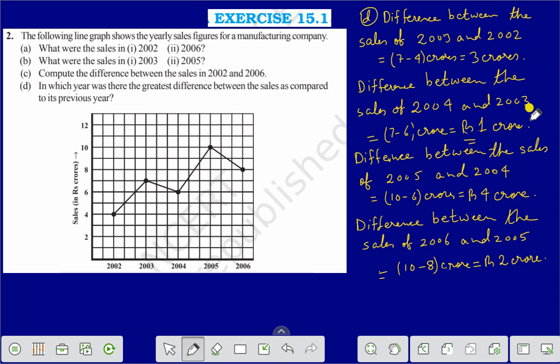Therefore, we find from this chart that the difference is maximum in 2005 as compared to 2004. It is 4 crore, right?